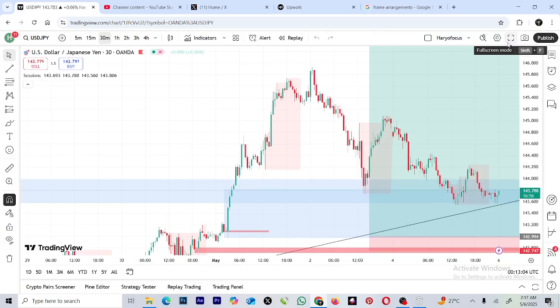First of all, what is support? Support is where buyers are willing to buy, while resistance is where sellers are willing to sell.